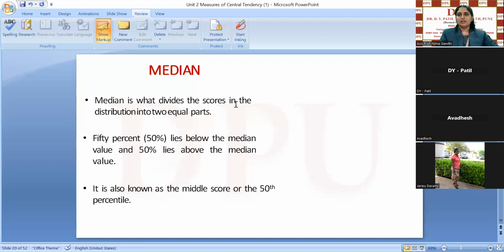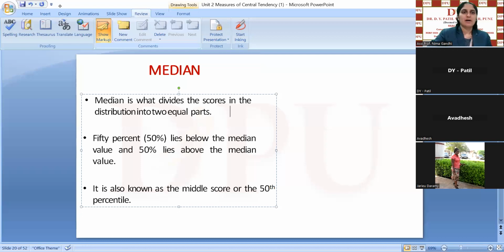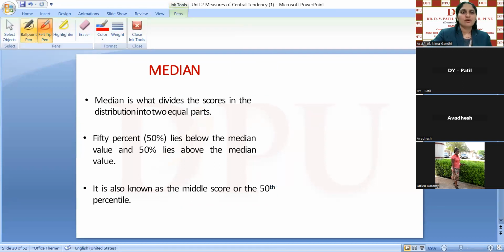If you have data and you want to divide your data into two equal parts, how many points do you require? You just want to know a single point which can divide the data in two equal parts, right? If you want to divide your whole data in four equal parts, you need 3 points.